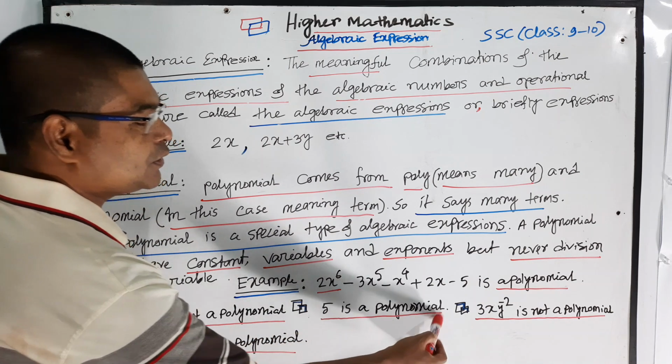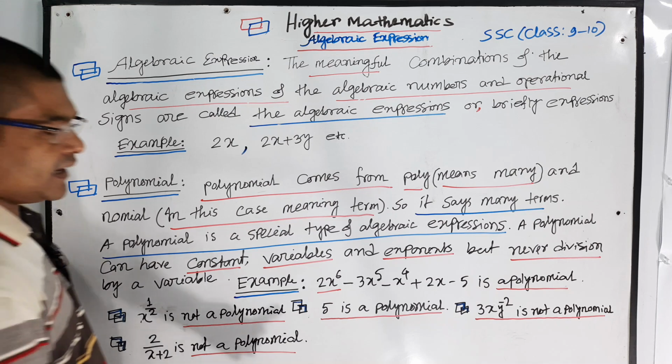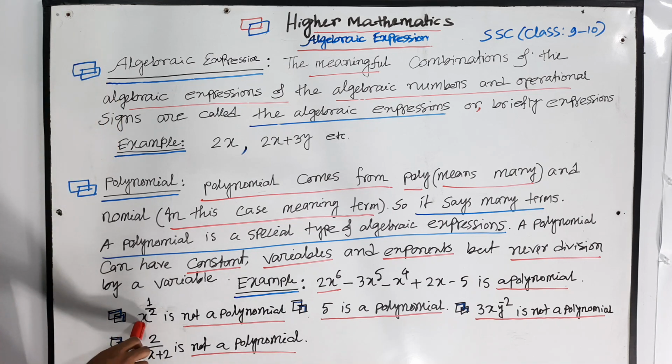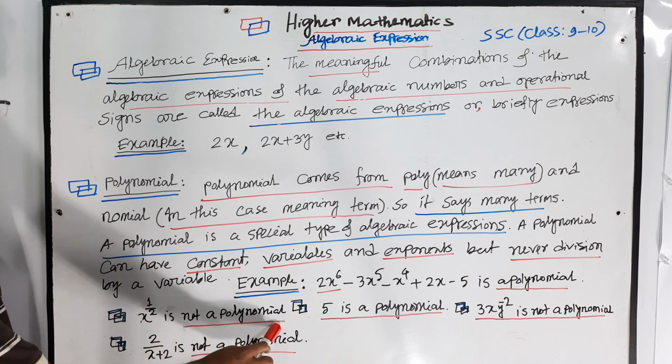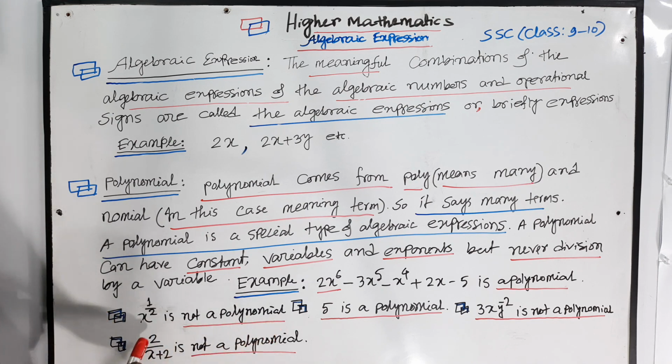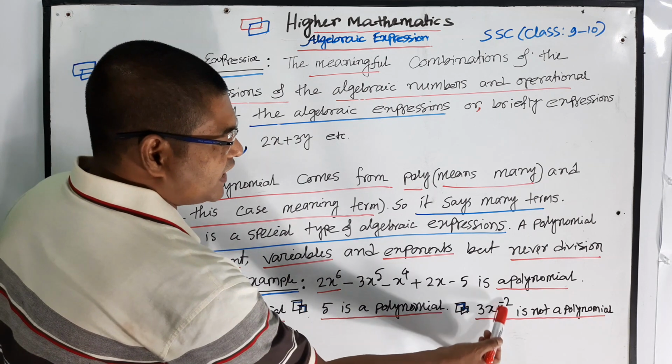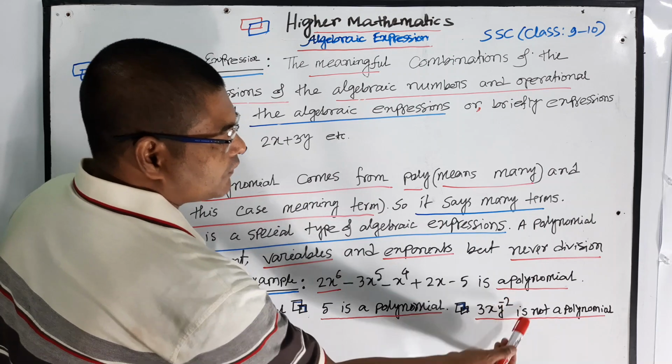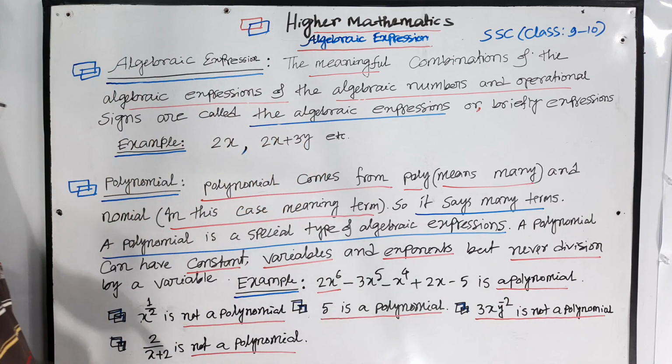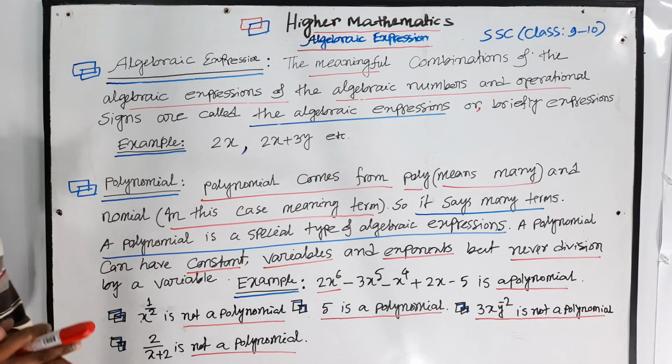Now we will have to know a few conditions about polynomial. 5 is a polynomial, and square root of x, that means x to the power half, is not a polynomial. 2 divided by x plus 2 is not a polynomial, and 3x and y to the power minus 2 is not a polynomial. Be careful.